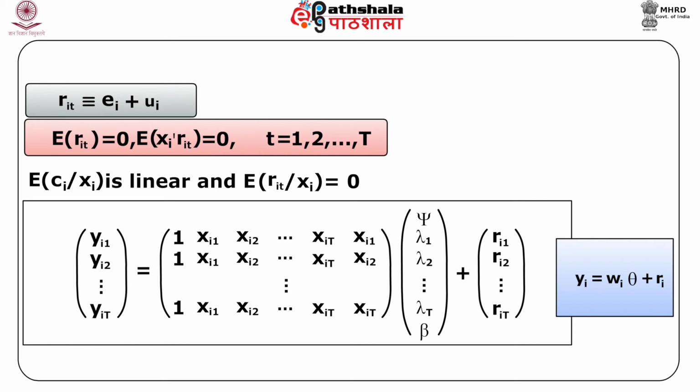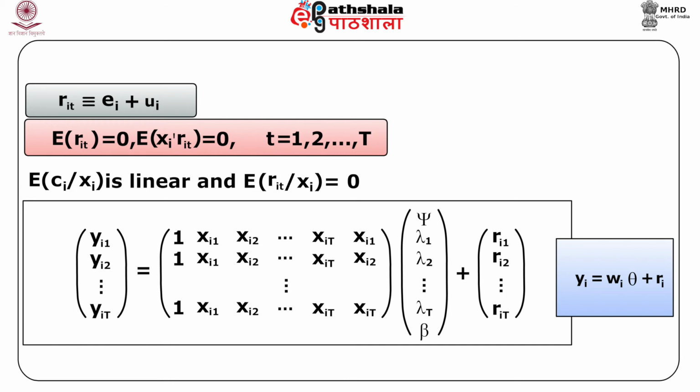We can write the system 17 for all time periods t in matrix form, and you can see on the left-hand side we have yi1, yi2 up to yiT, and on the right-hand side we have the matrix of 1, xi1, xi2, and so on, and the last diagonal value you can see is xiT.